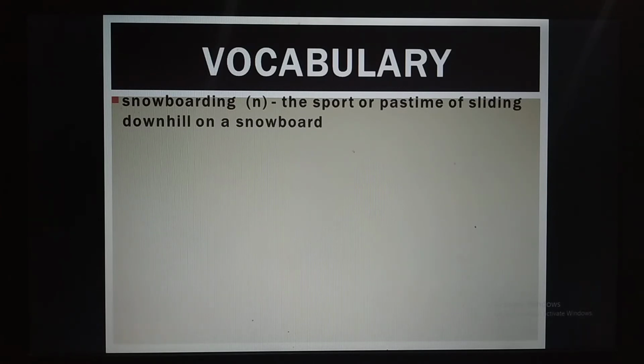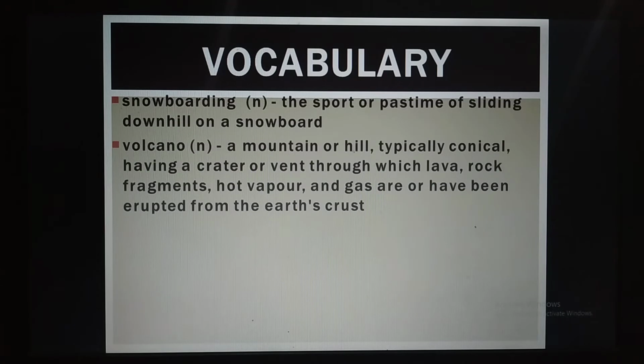Snowboarding is a sport or pastime of sliding downhill on a snowboard. Snowboarding. Okay. Next, volcano. Volcano is a mountain or hill, typically conical, having a crater or vent through which lava, rock fragments, hot vapor, and gas are or have been erupted from the Earth's crust.